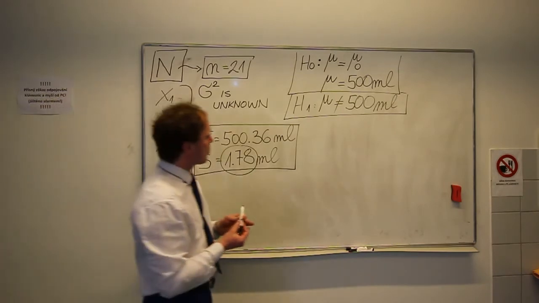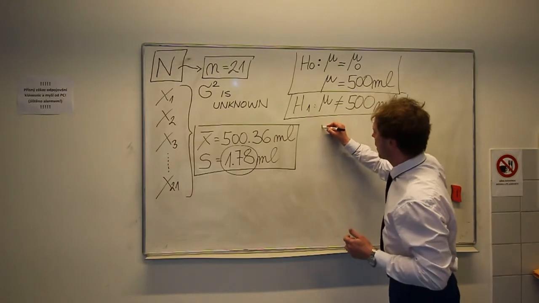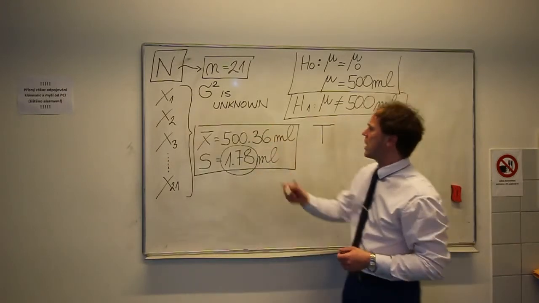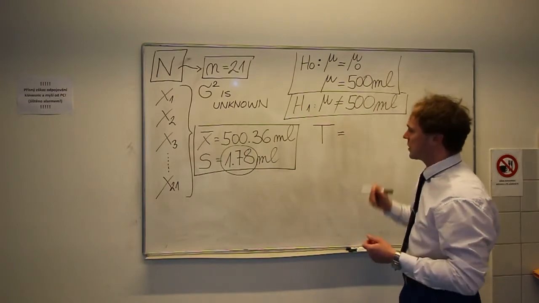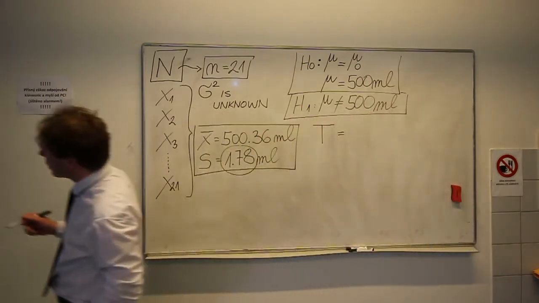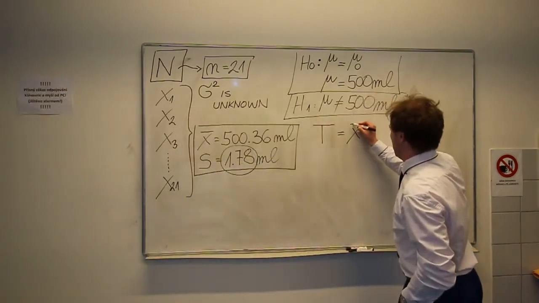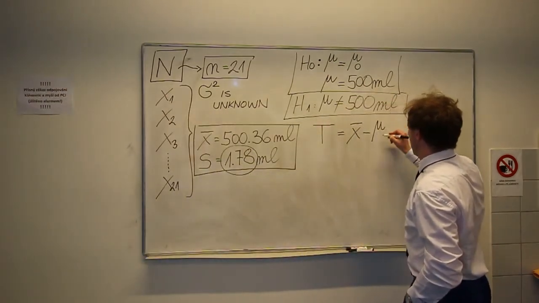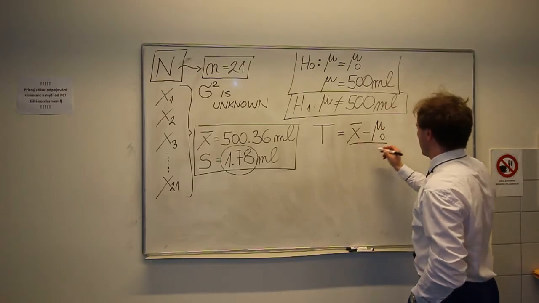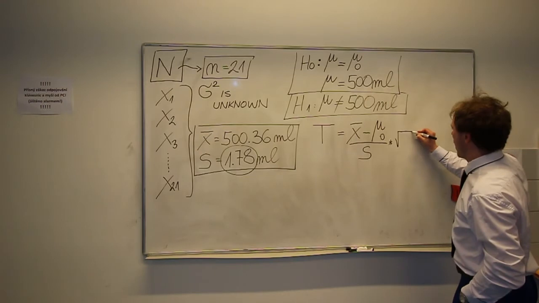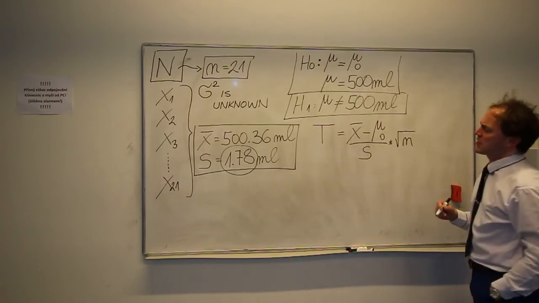So we will use the test statistic with t distribution, because sigma squared is unknown, and this t statistic is calculated according to this formula: calculated sample mean minus mu0 divided by standard deviation times square root of the sample size.